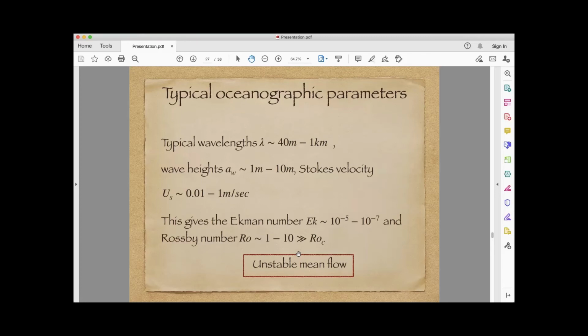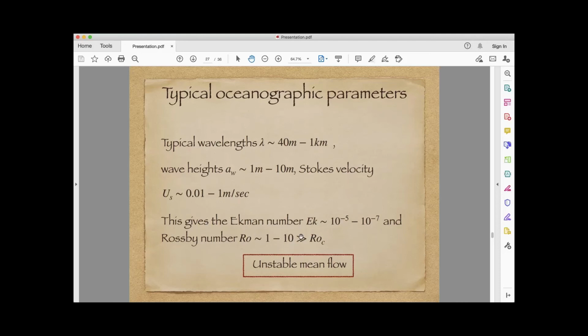Typical wave heights can be of the order of a meter to about 10 meters. And from the Stokes velocity field, we get velocities of the order of 0.01 to 1 meter per second. If you substitute these values and take the viscosity, this gives us Ekman numbers of the order of 10 to the power minus 7, and Rossby numbers of the order of 1 to 10.